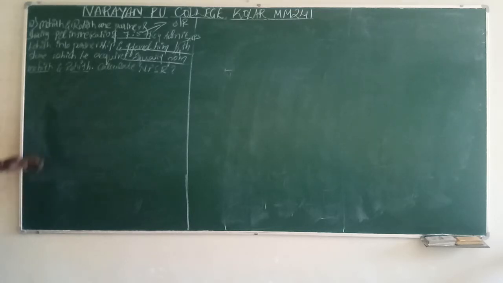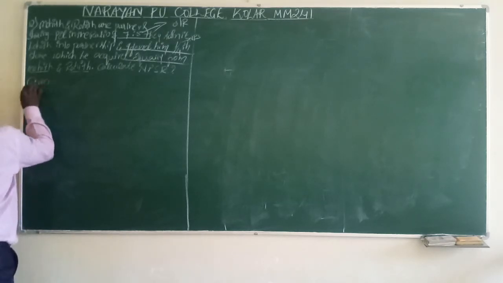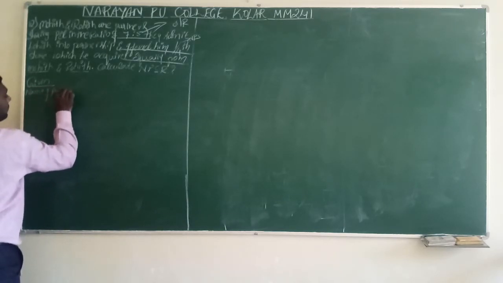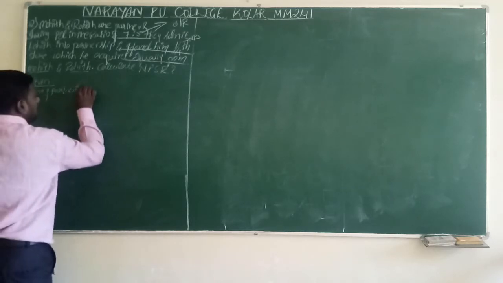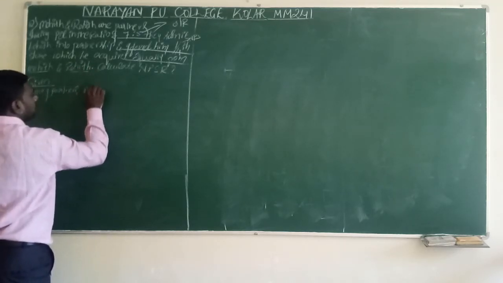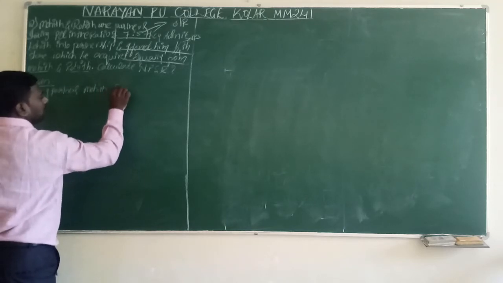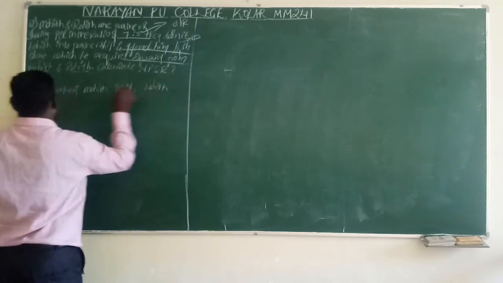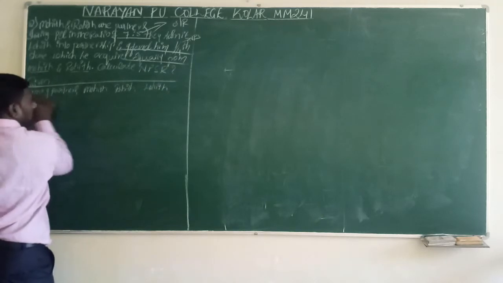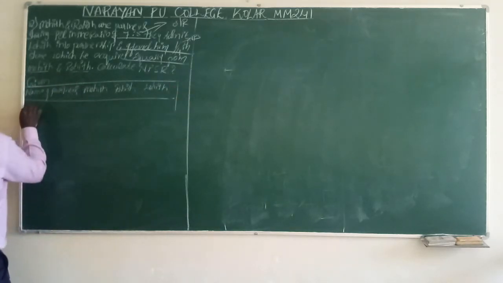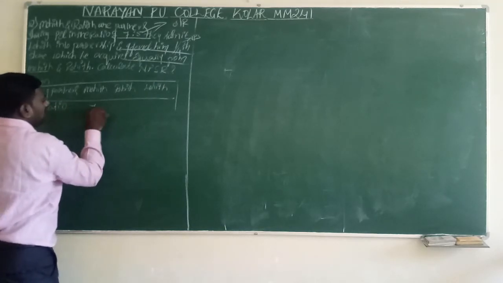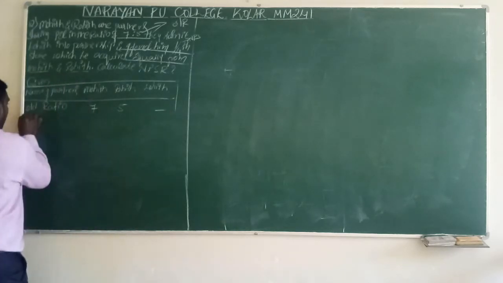First we have to note the information available in our question. So first we should write given. Name of partners: Mohit, Rohit, Lohit. 3 members are the partners. Old ratio is 7:5, third partner hyphen.